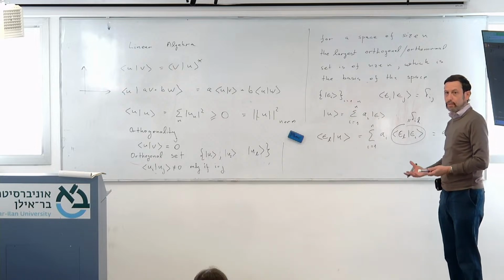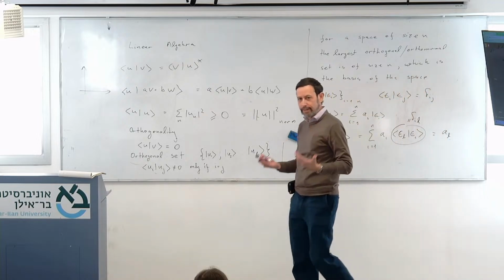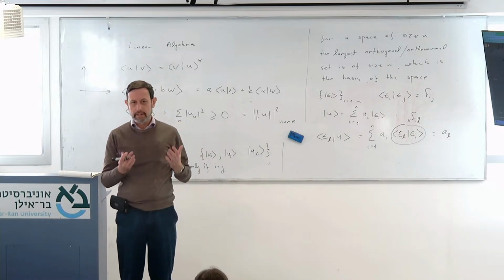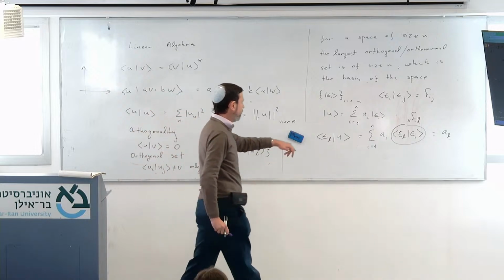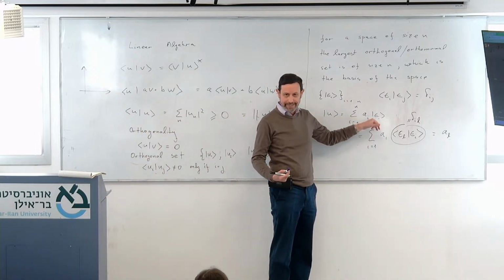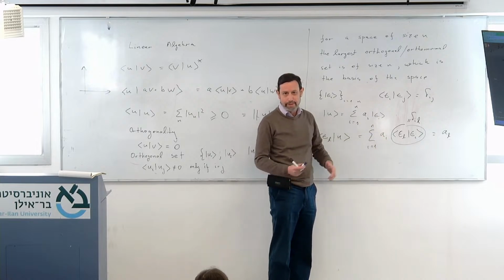So all you have to do in order to expand a vector in a certain basis is do a scalar multiplication with each one of the basis vectors, and you'll get the amplitude in this basis.